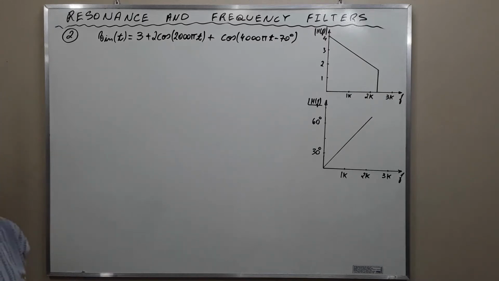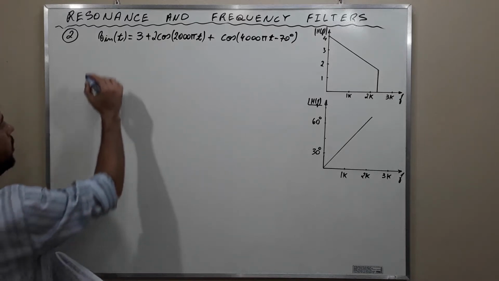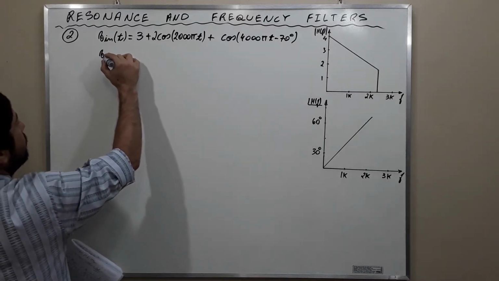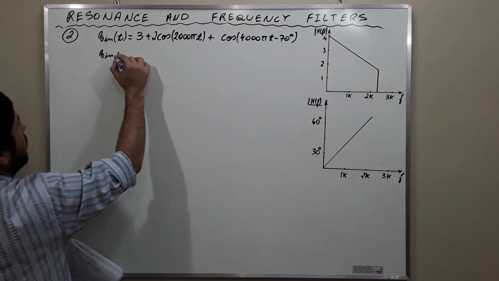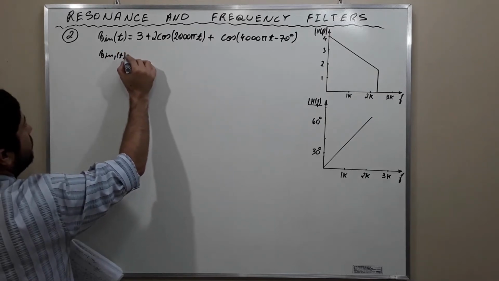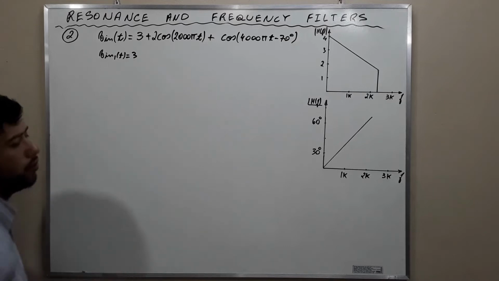We begin by breaking the input signal into its components. Component number 1, in1 of t is equal to 3.